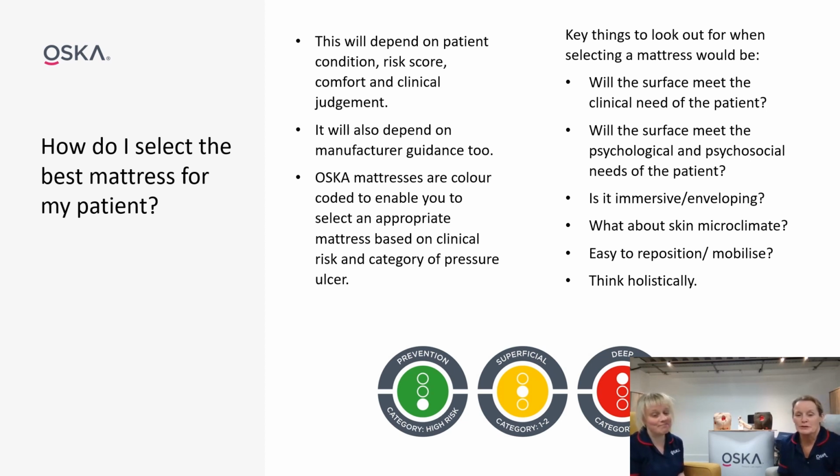Yes, and it's important to look at some of the key things when we're selecting the mattress. So we would look at whether the surface that you're selecting meets the clinical needs of the patient. We need to think about things like pain, mobility, access, environment, patient's preference, and all of those things that we need to put together. And then we need to think about what is the surface that can provide the most therapeutic pressure relief for that patient, given their current condition and their risk assessment.